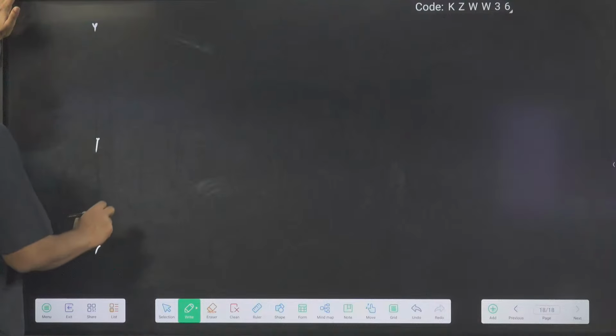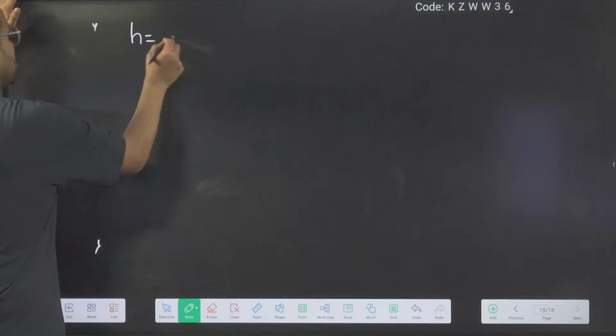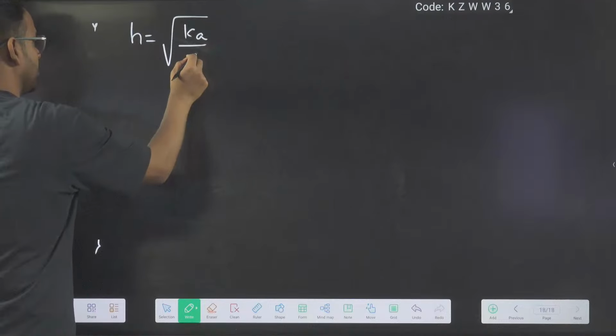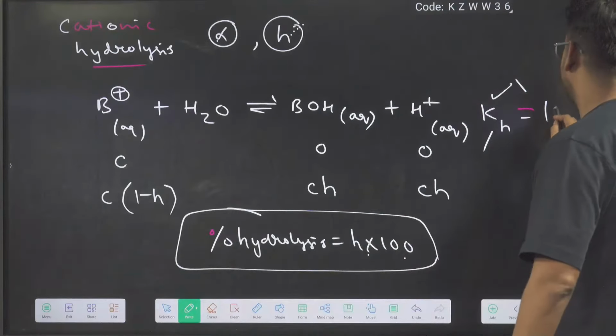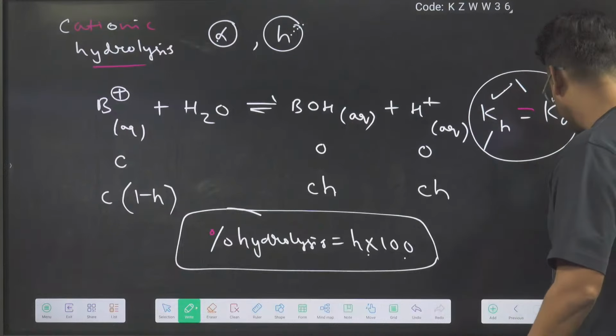So how do you calculate? You remember the three formulas. h is equal to under root of K by C. That K will become KH, and K will be the same over here. KH is equal to K, right?